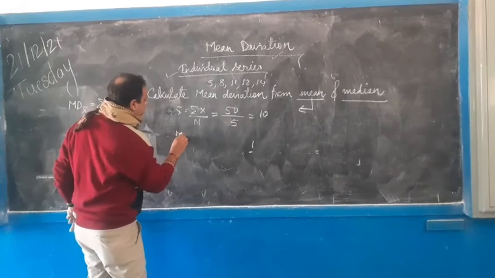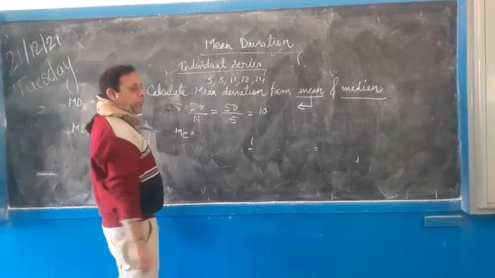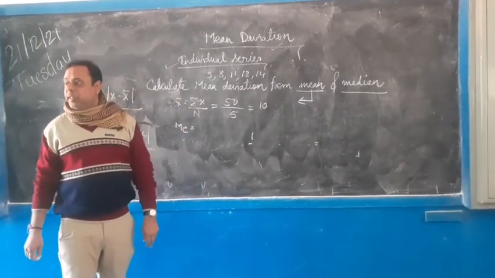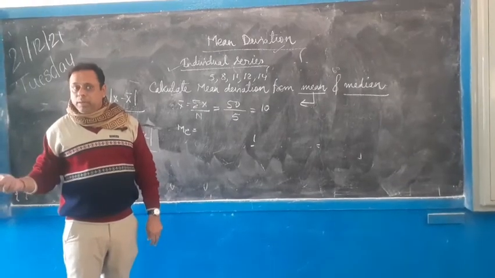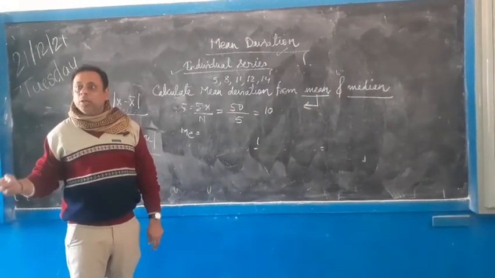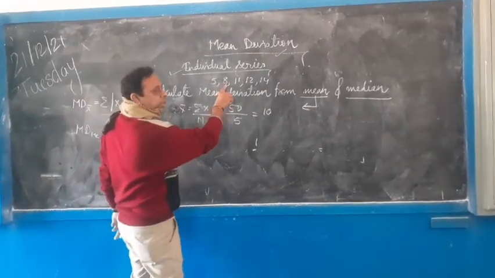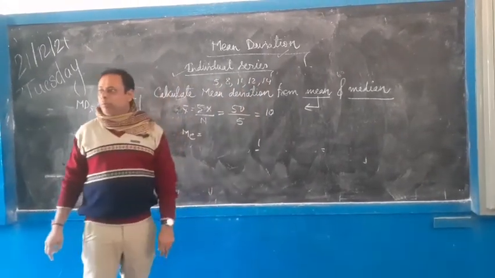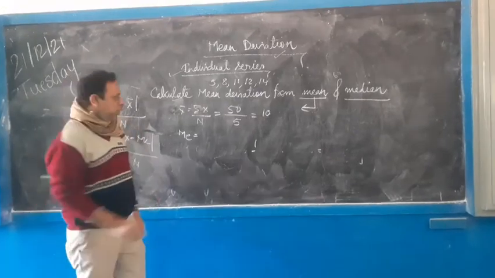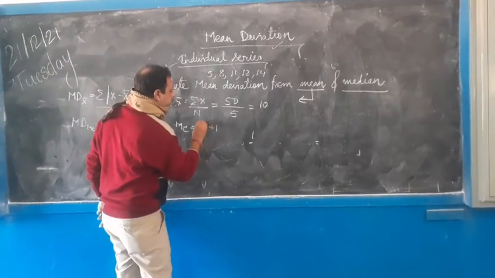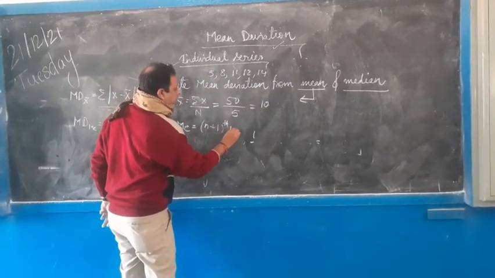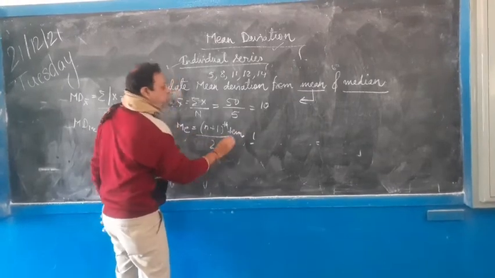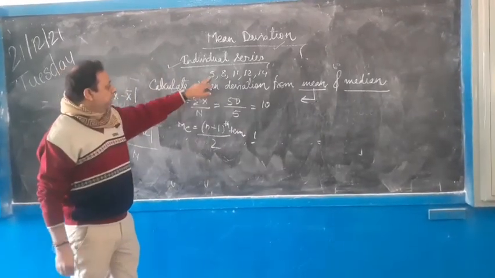Median we will take. The formula for median in an individual series is the (n plus 1) upon 2th term, for an odd series. This is an odd series: 1, 2, 3, 4, 5. 5 observations are there, which is odd. So n equals 5.